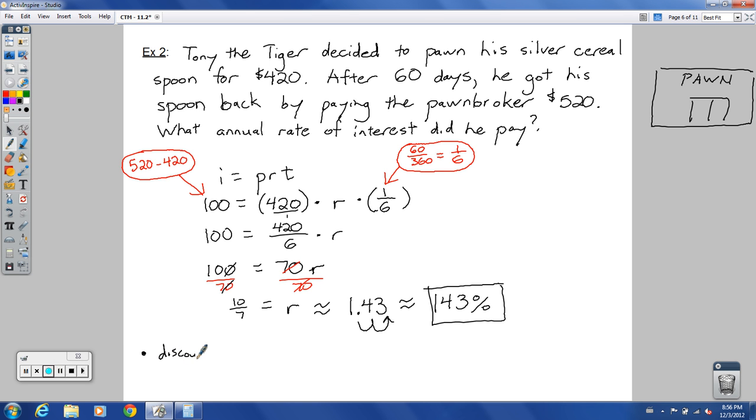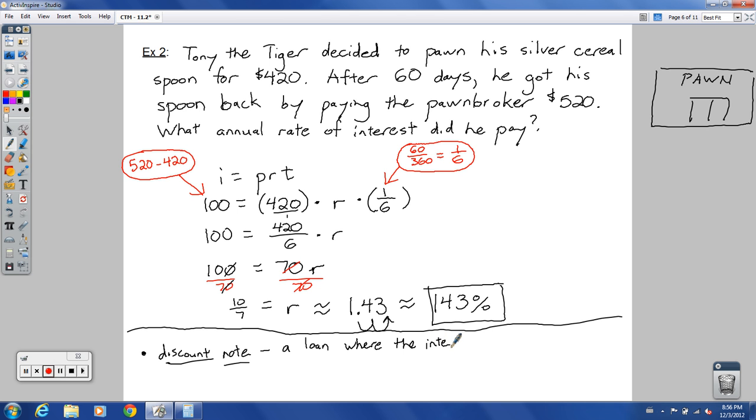So a discount note, this is just a little extra tidbit here. A discount note would be this. It's a loan where the interest is paid upon receipt of the loan, or upon receiving the loan, in other words.